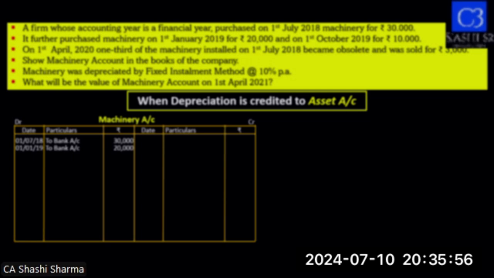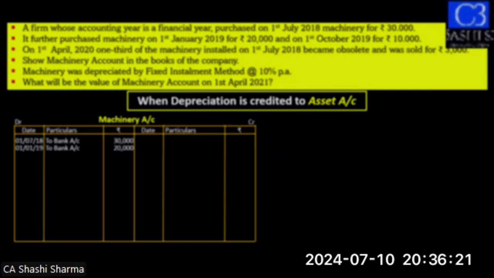The third machinery has been purchased on 1st October 2019. The financial year has changed. This transaction has occurred in the year 2018, 19, 20 actually. Our first year is 18-19, and the next year, second one, is 19-20.